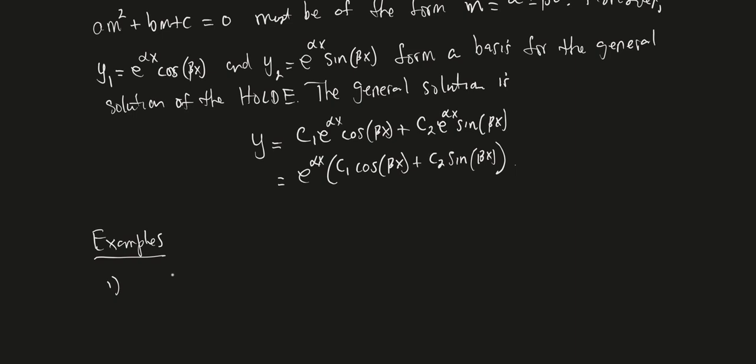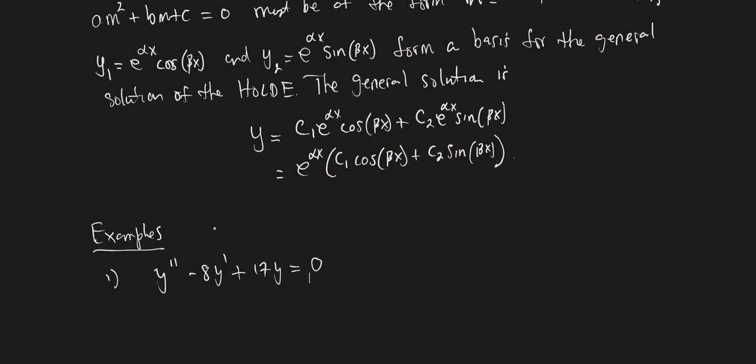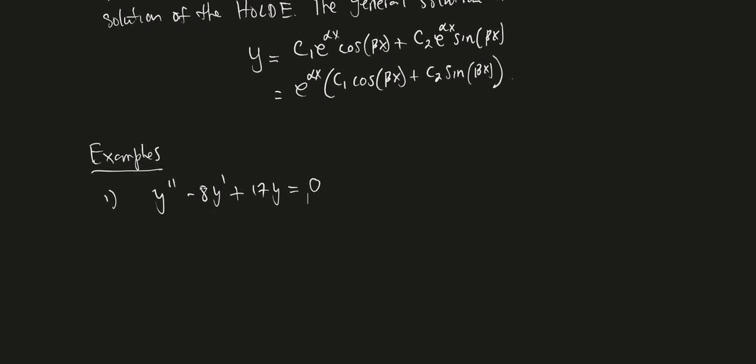And suppose we have y double prime minus 8y prime plus 17y is equal to 0. Right? Well, if we write down our auxiliary equation, we have m squared minus 8m plus 17 is equal to 0.